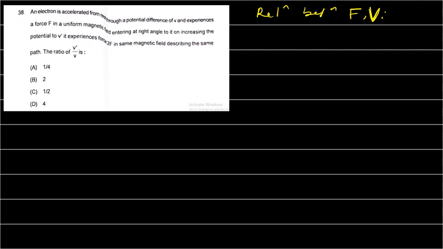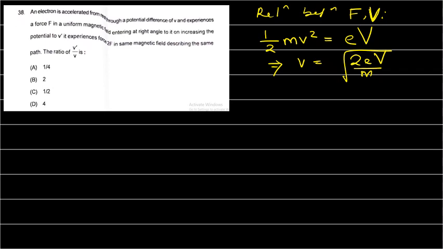To do this, we can write that the kinetic energy half mv square comes only from the electrostatic potential. So half mv square is equal to eV. From this we can calculate the velocity as root over 2eV by m.